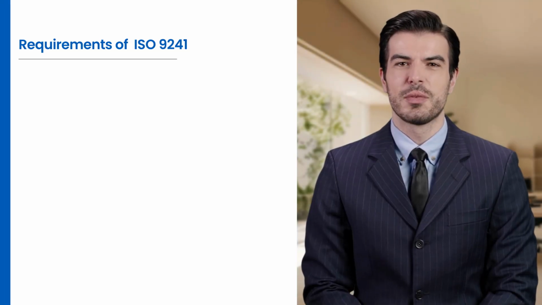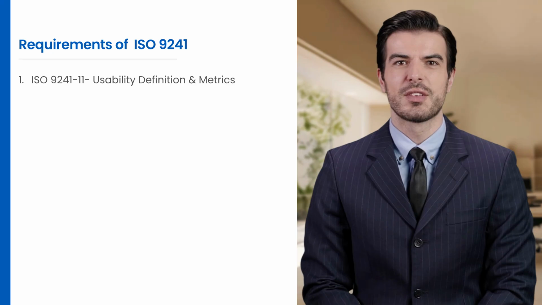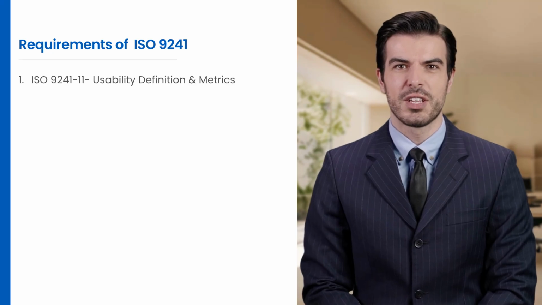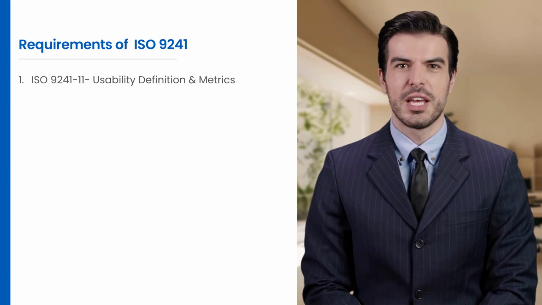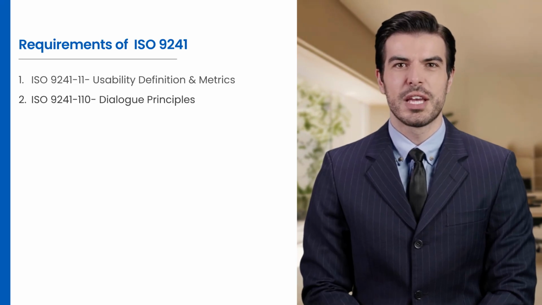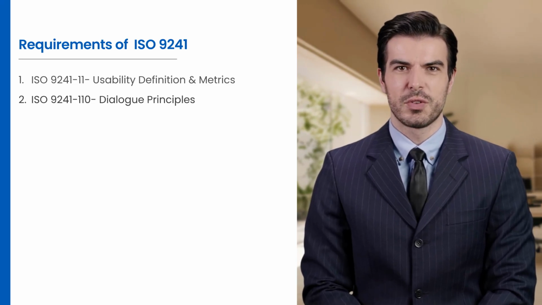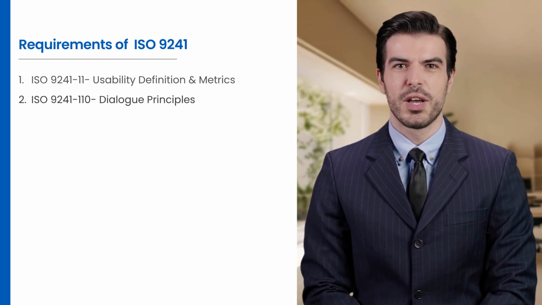ISO 9241 defines a set of standards that guide human-centered design and usability in systems. Previously, we had covered ISO 9241-11, which defines usability through measurable factors like effectiveness, efficiency, and satisfaction. ISO 9241-110 covers dialogue principles, guiding how users interact with systems in a clear and intuitive way.